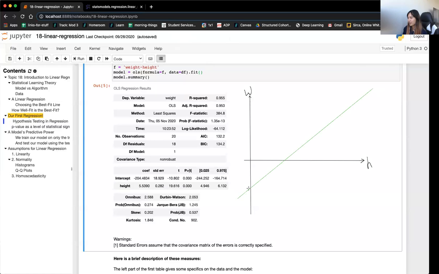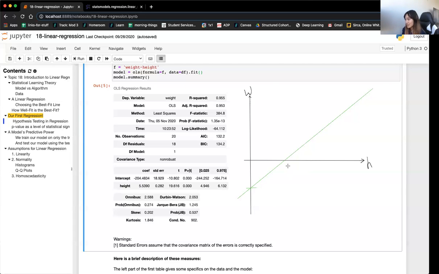This point where it cuts the weight axis, that is your intercept. So this point over here is actually -204. And then as our height increases, our weight increases. And if anyone remembers calculus, the slope of this line is the coefficient. So this slope is 5.539.